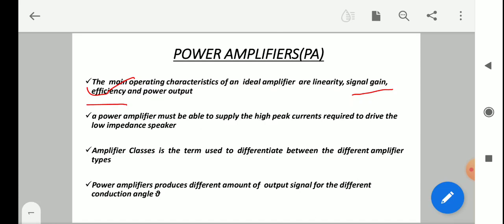So the power required at the output section is greater, so a normal conventional amplifier cannot be used in place of these amplifiers.